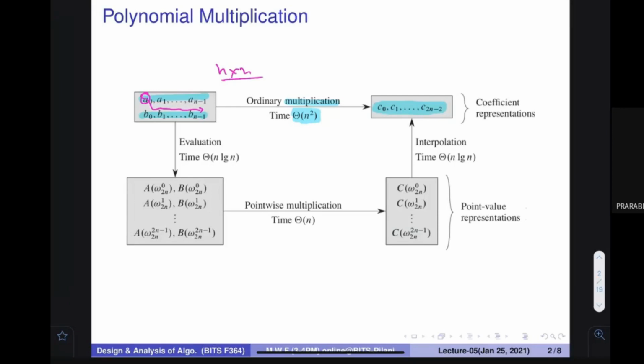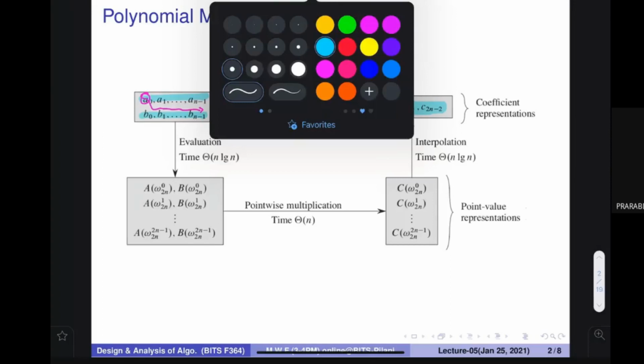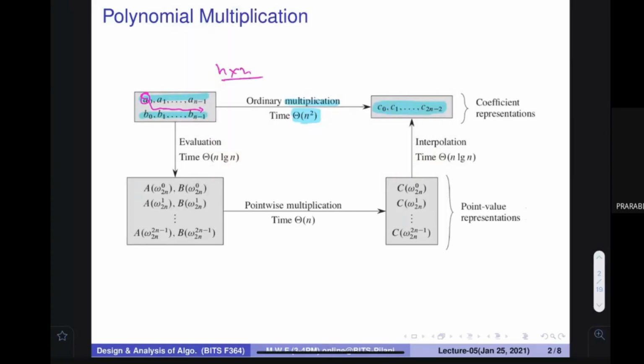I am going to talk today about a different thing. If you convert them into the point value representation, how many points are needed? Actually 2n points are needed, because n points are needed to represent this, but if more points are there, there is no problem.